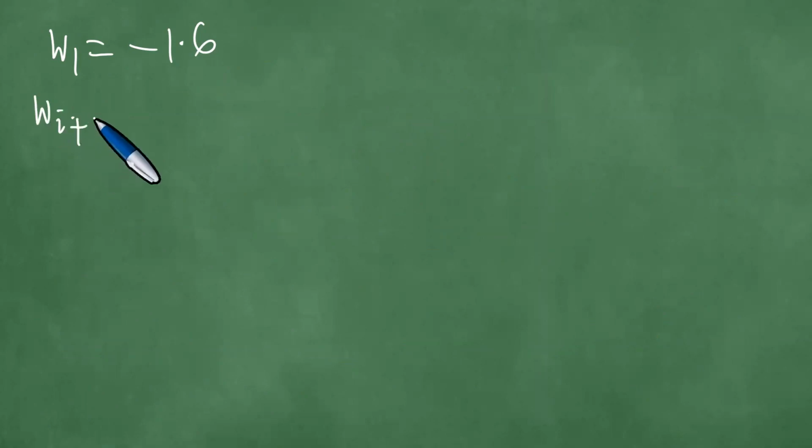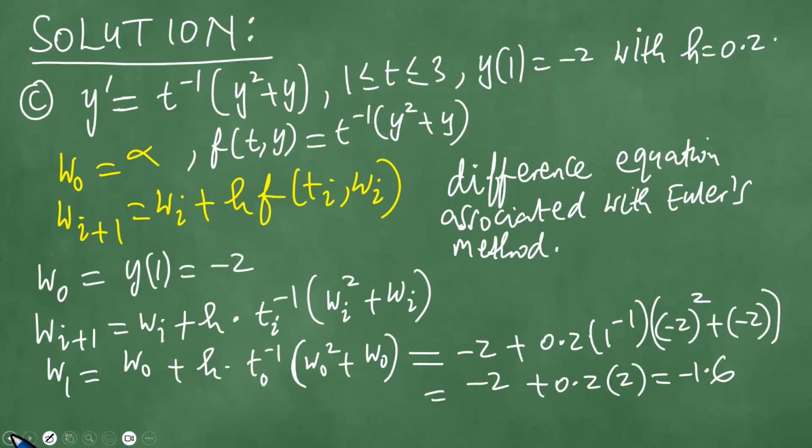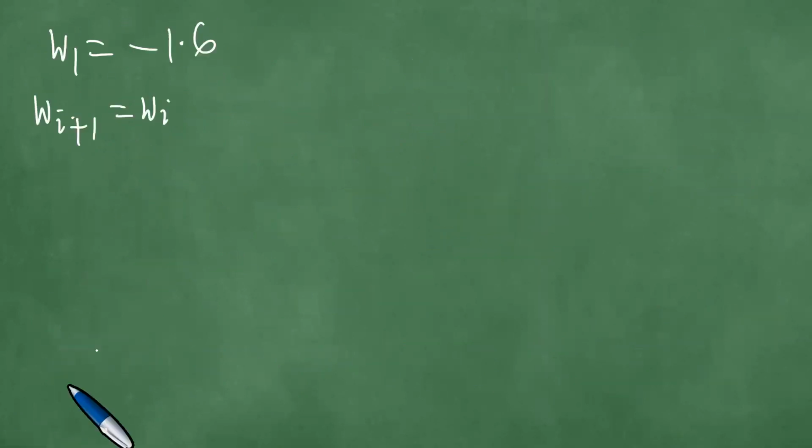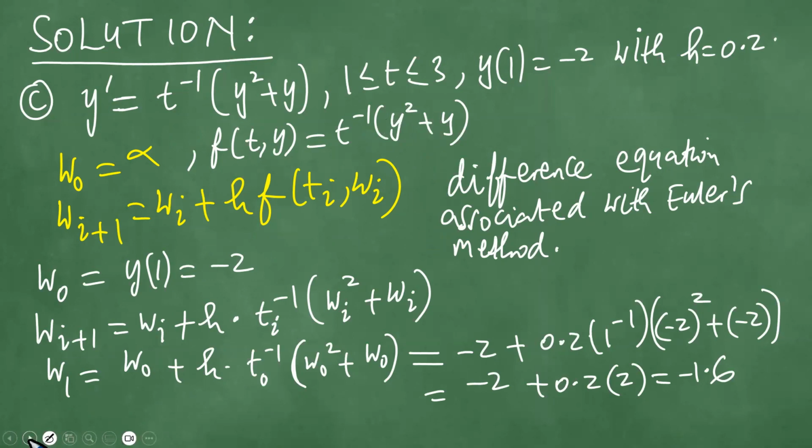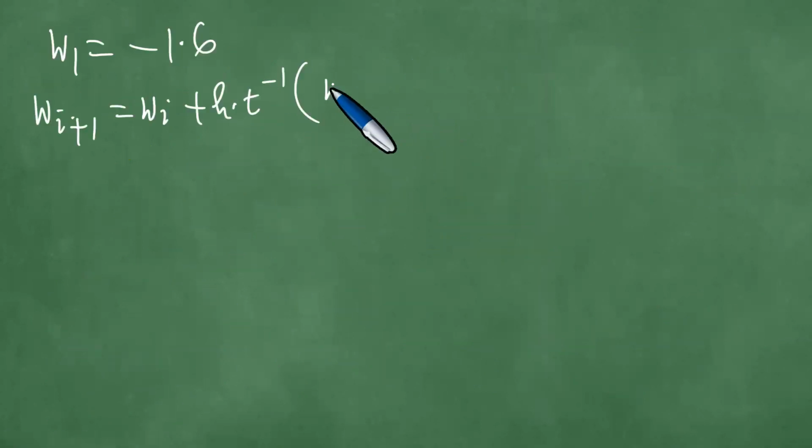Okay, Wi plus 1 equals Wi plus H, T to the minus 1, Wi plus Wi.